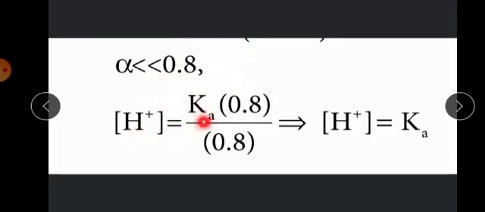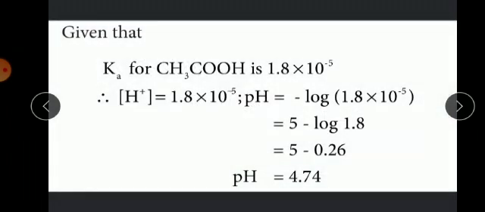We shall cancel: Ka into 0.8 divided by 0.8, we shall cancel 0.8 as well as 0.8. So H plus concentration will be equal to Ka. The Ka for acetic acid is 1.8 into 10 to the power minus 5, already given in the question.